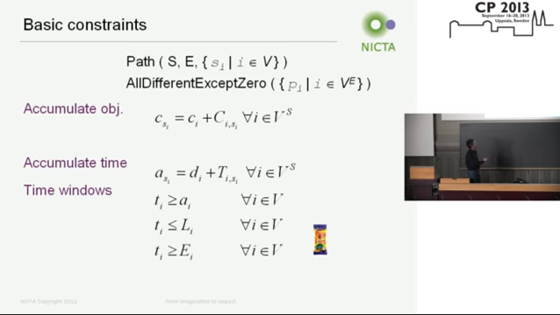Yeah. So these 2 here just implement... Okay. So this one is the arrival time is the departure plus the travel time, and then I'm making sure that my service time is within my time windows, and that I start the service after I arrive.